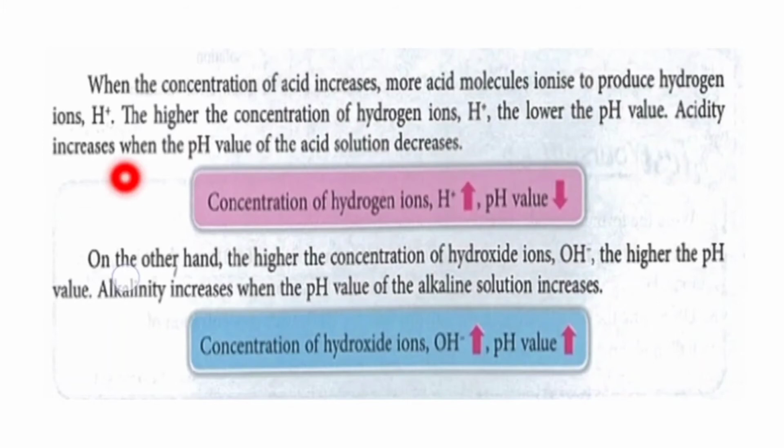On the other hand, the higher the concentration of hydroxide ion, the higher the pH value, so alkalinity will also increase. So for alkali, when the concentration of hydroxide ion increases, the pH value also increases, and the alkalinity also increases.